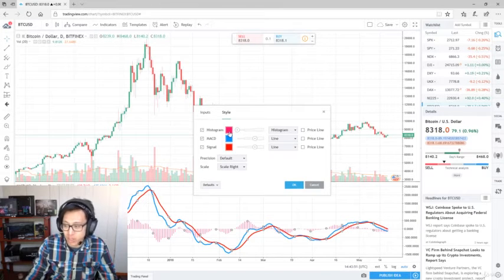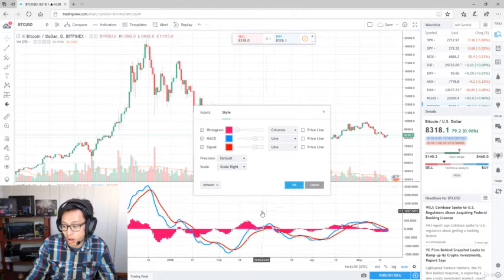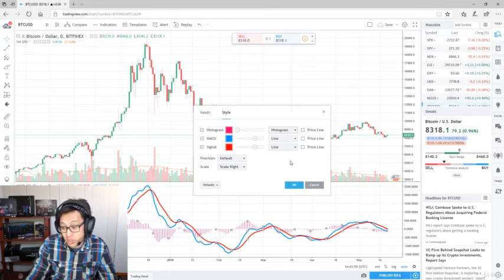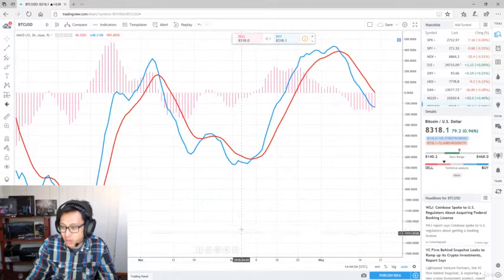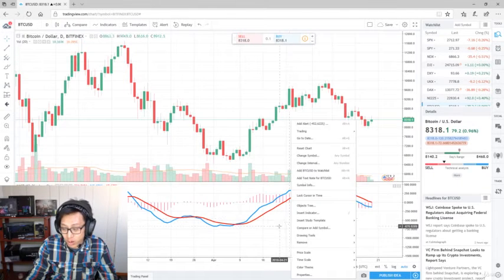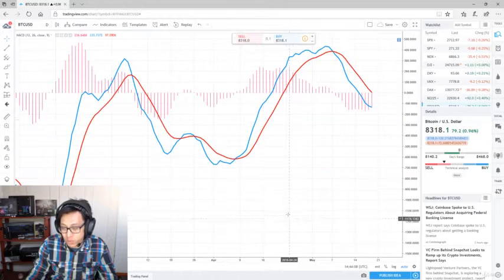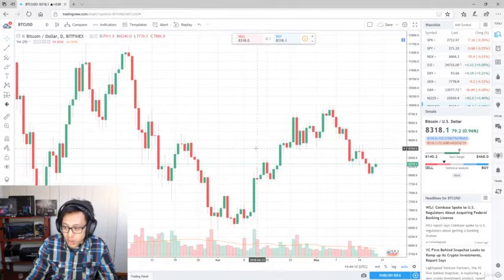And the histogram right here, what I do is I click on columns, okay? I like columns better because you can see it level off, right? The default one is histogram, which is the exact same thing, but you have to zoom in on it really close. Don't forget that you can double click on it and it opens to a bigger screen, okay? You can double click on it here as well.